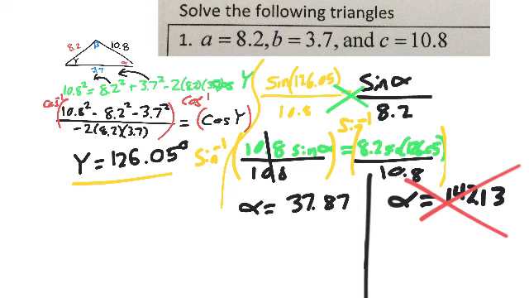But I wanted to put that in there because you still have to do that on these problems when you find your first angle using law of sines. So my only possible alpha is 37.87, and now I can find beta. We find beta by subtracting from 180 because all the angles have to add to 180. So I subtract 126.05 minus 37.87, and that tells me beta has to be 16.08 degrees.